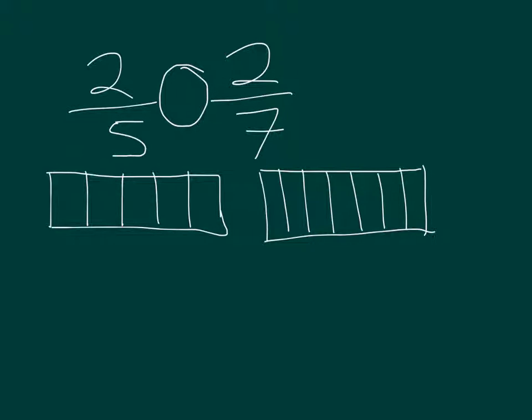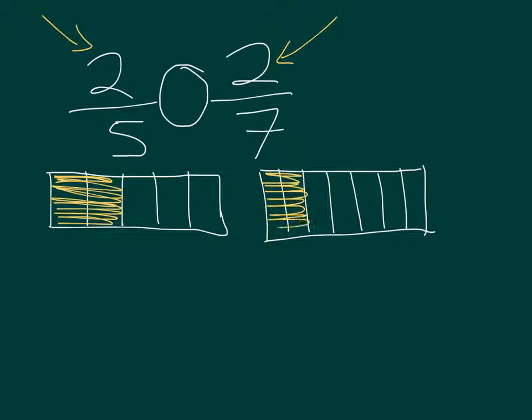Now we can take a look at our denominators and maybe we can visualize which is larger based on the fact that we are getting 2 pieces of pizza here and 2 pieces of pizza here. So if we shade in our 2 pieces here, what you're noticing as you shade this in versus shading in 2 pieces over here is that the 2 pieces on 2/5 are larger than the ones from the 2/7.